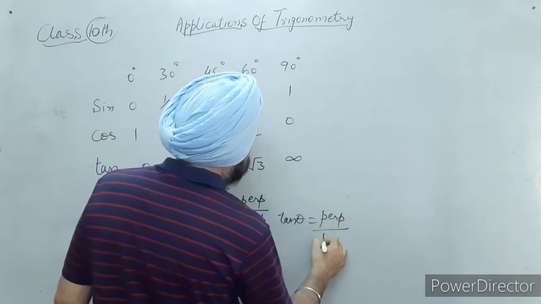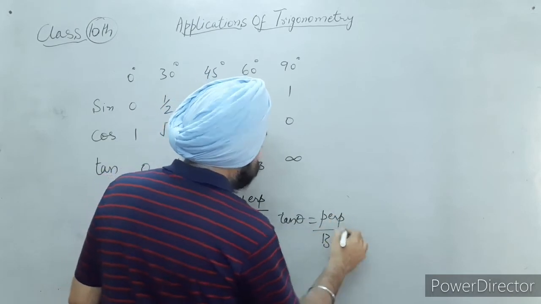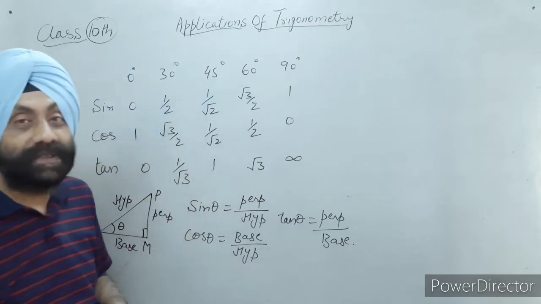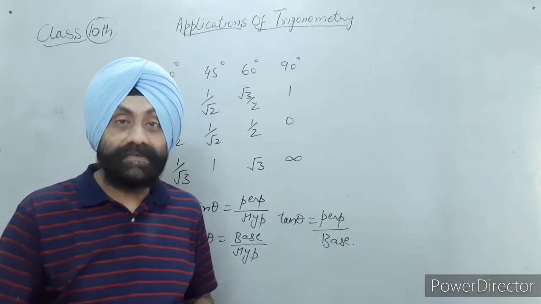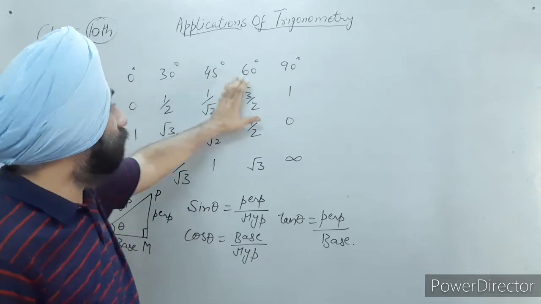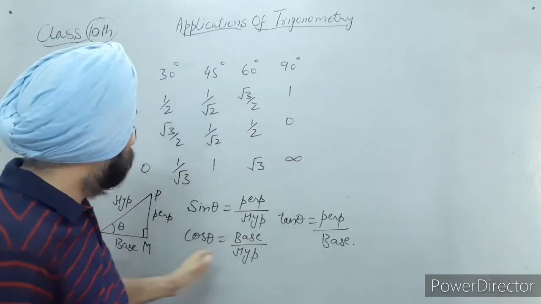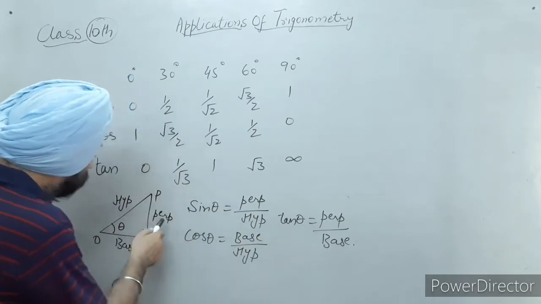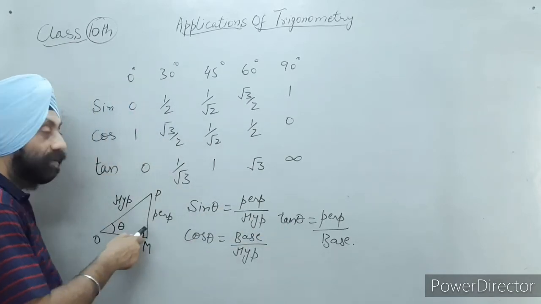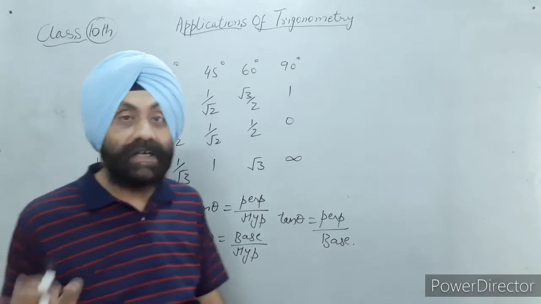perpendicular upon base. Watch my videos on trigonometry chapter, introduction to trigonometry chapter. These values I have written over there, explained in detail the trigonometric ratios and the relation between the sides of a right angled triangle.